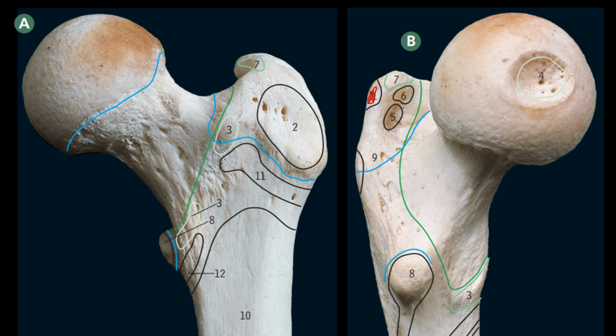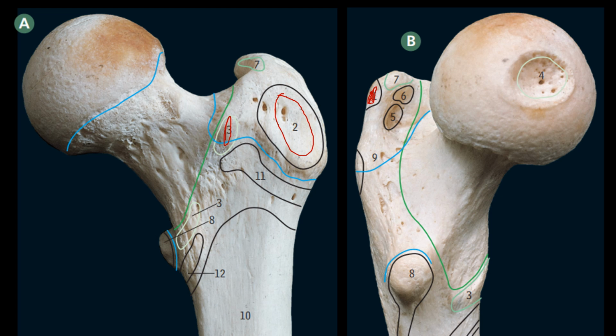The next is number 2. This is the place where the gluteus minimus is inserted, into the rough lateral part of the anterior surface. Another structure is the iliofemoral ligament that attaches on it.